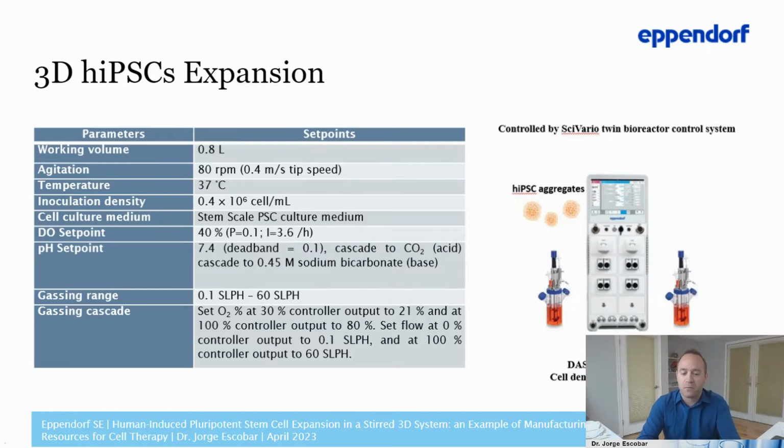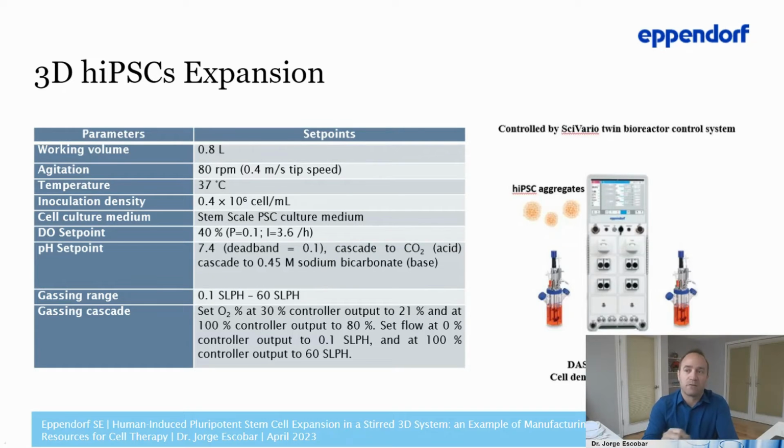Then, as I explained before, there was a medium exchange, and we did that daily, 24 hours after the single cell inoculation, until day 5. So how did we do that? We stopped the agitation and gas flow for 5 minutes, allowing again the iPSC aggregates to settle down in the bottom of our bioreactor, and then using a dip tube, we removed 40% of our cell culture medium from the top without disturbing the iPSC aggregates.